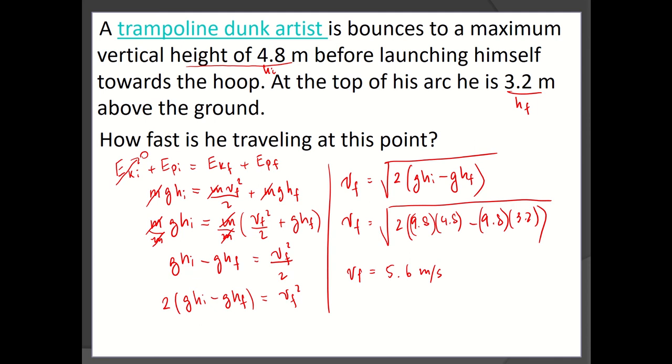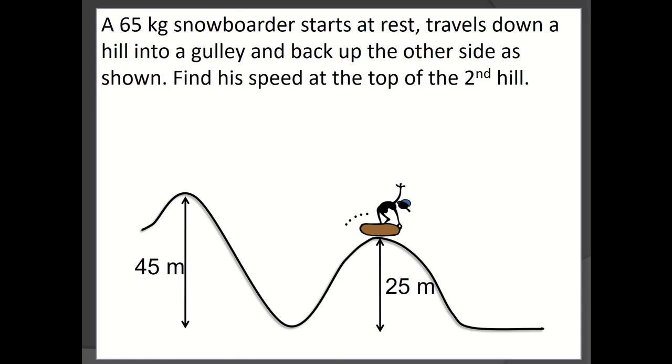So let's take a look at one last problem here. In this case, again, we have a 65 kilogram snowboarder who starts at rest, travels down a hill into a gully and back up to the other side as shown. Find his speed at the top of the second hill. So this was his starting point right here, right?